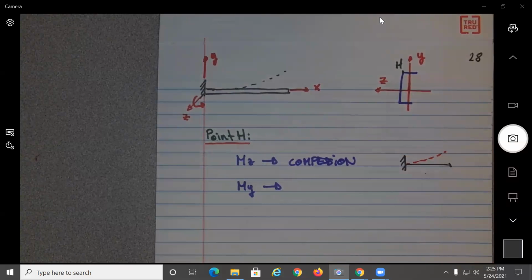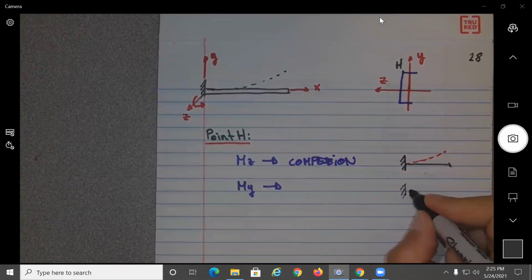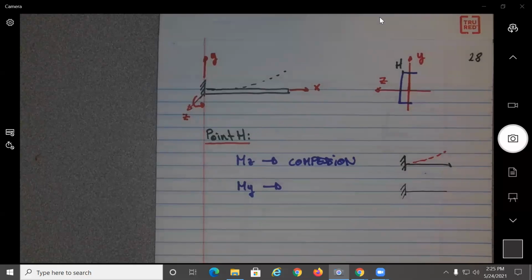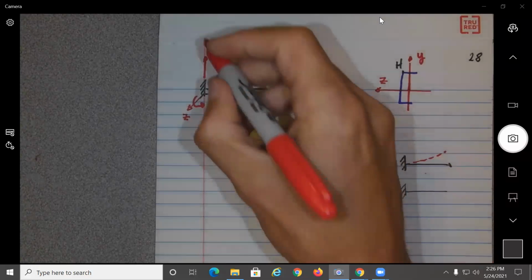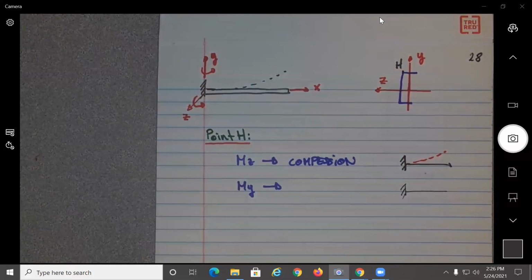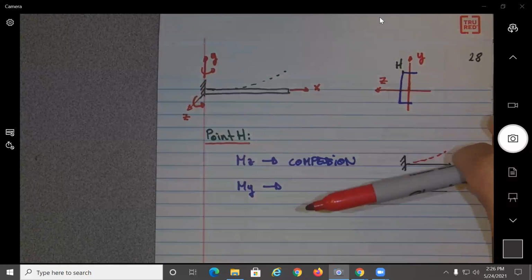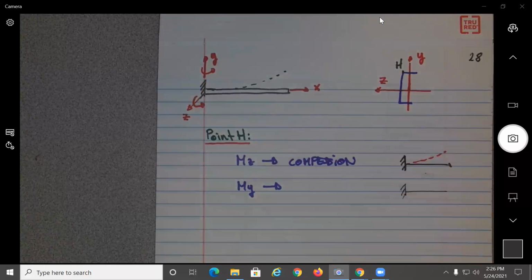Now what will My mean? It's a bit more difficult, but now in what direction will this be bending? My is counterclockwise, so will it be bending inside the page or outside?